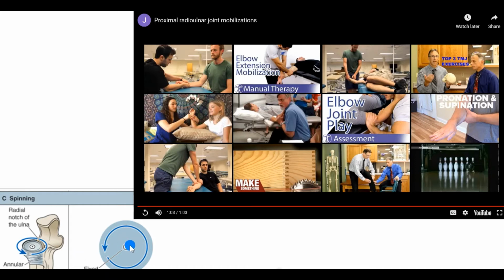But as you could see when he was performing that, it's really hard to, with your hands, grab someone's radius and spin it. So instead, in order to simulate this spinning motion, the best way we can do this is by providing a posterior glide. So doing a translation or a linear movement to help restore a rotary movement or a spinning movement.